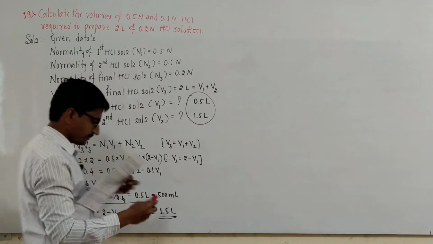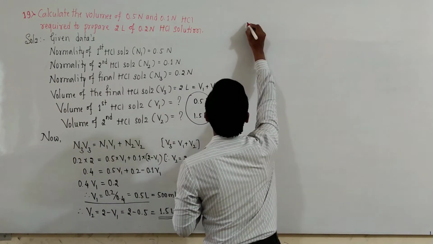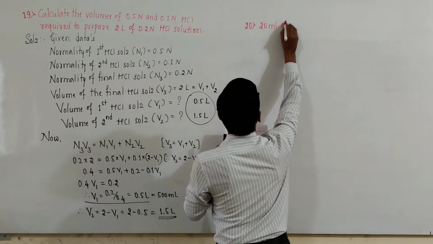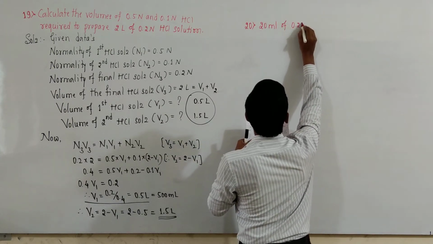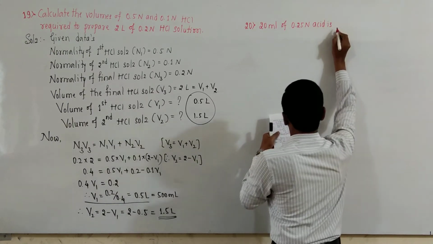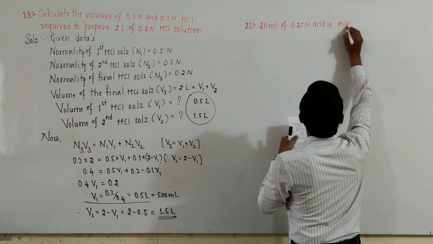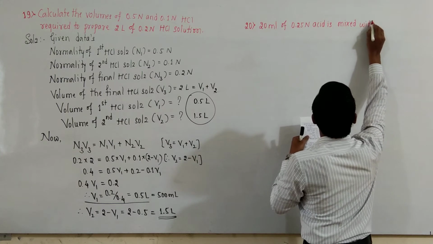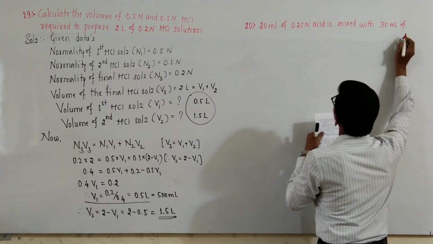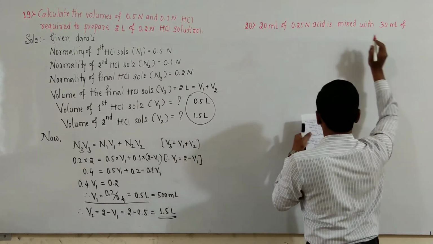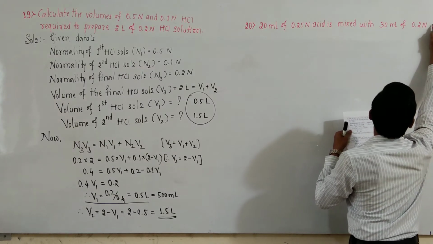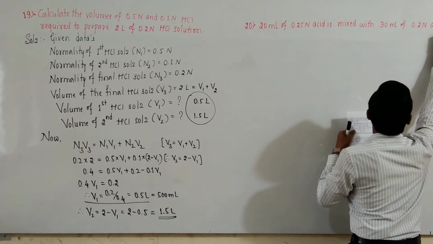Next problem is 20. 20 ml of 0.25 normal acid is mixed with 30 ml of 0.2 normal alkali.